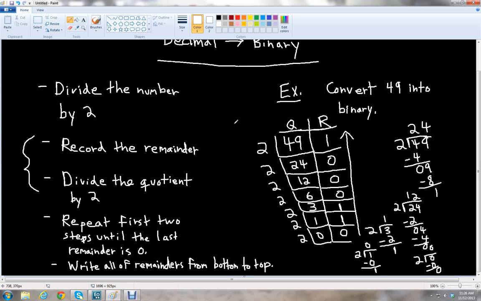So we can actually get rid of the first 0, and then we can just write our final answer, which is 1, 1, 0, 0, 0, 1. And this would be 49 into binary.